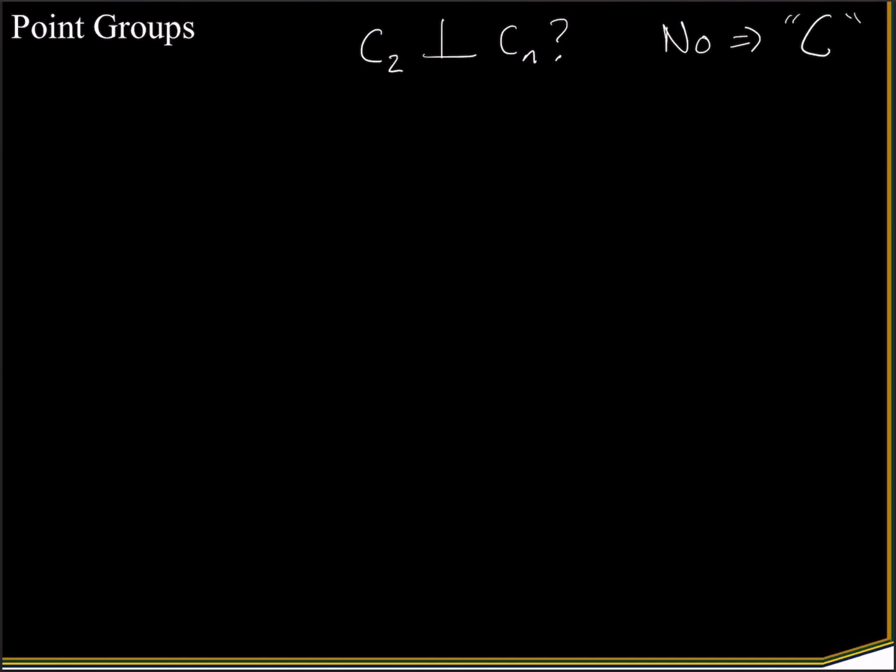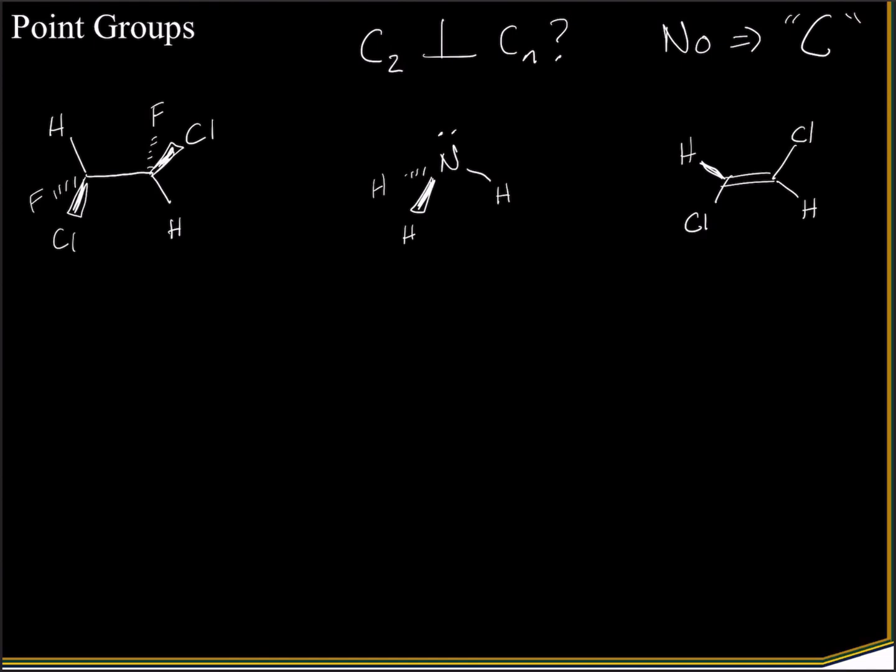So we're going to be looking at some examples that fall within the C point group. So all of these molecules fall within our C set of point groups. Wow, that's kind of hard to say. Meaning they have a principal rotation, but they do not have a perpendicular C2 axis.